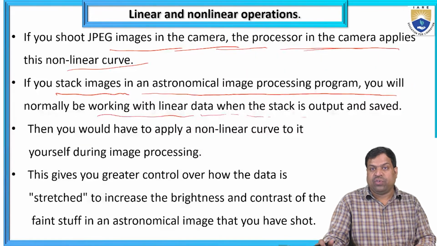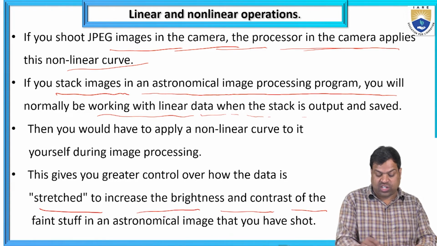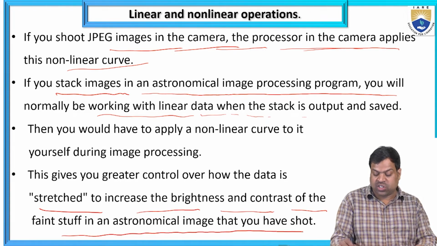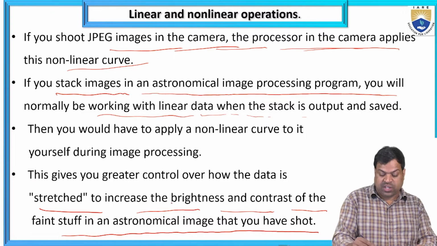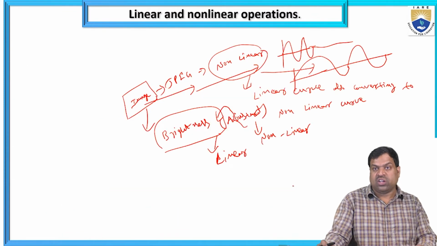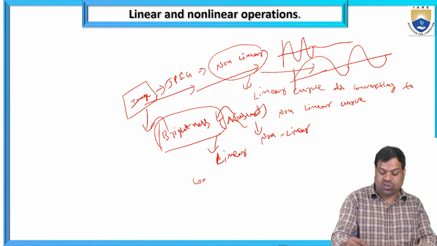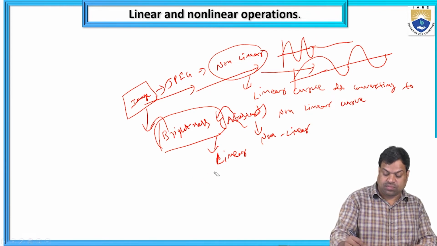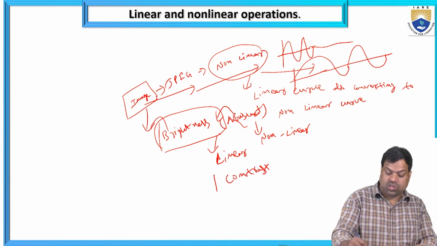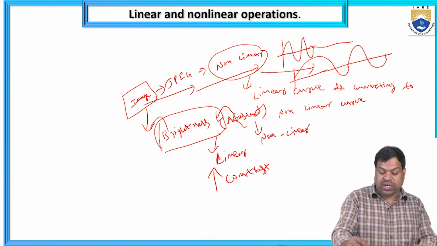When we stretch the astronomical image, increasing the brightness and contrast, what is the original brightness and contrast?